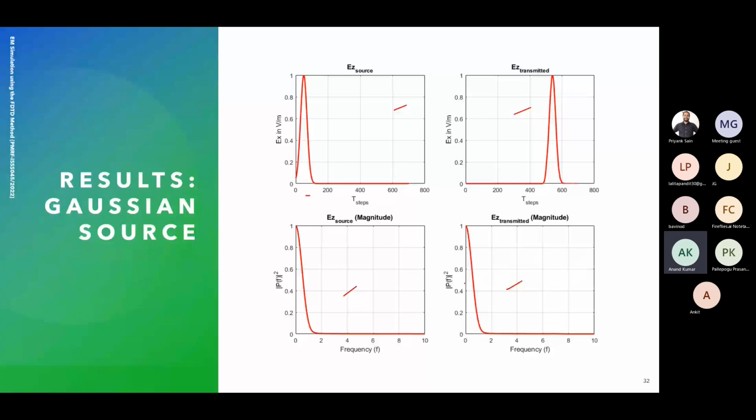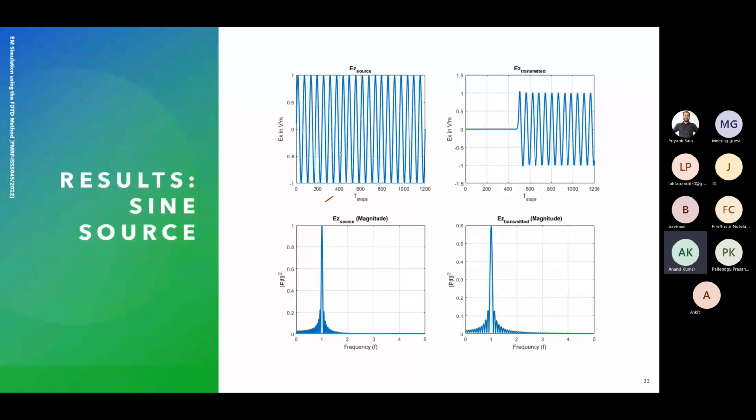The FFT works fine with the Gaussian source. When we use the sinusoidal source, this is the pulse function that we are exciting at the source position, and after around 500 time steps, the sinusoid reaches the k minus 5 position near the right hand boundary where we're recording it.